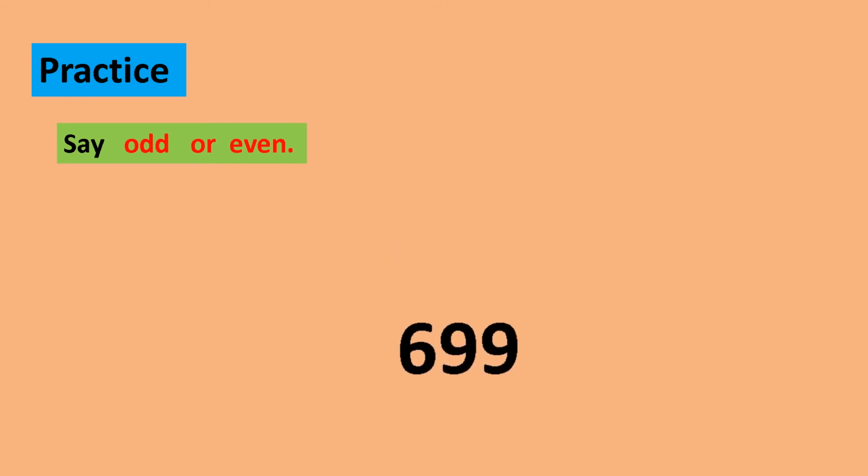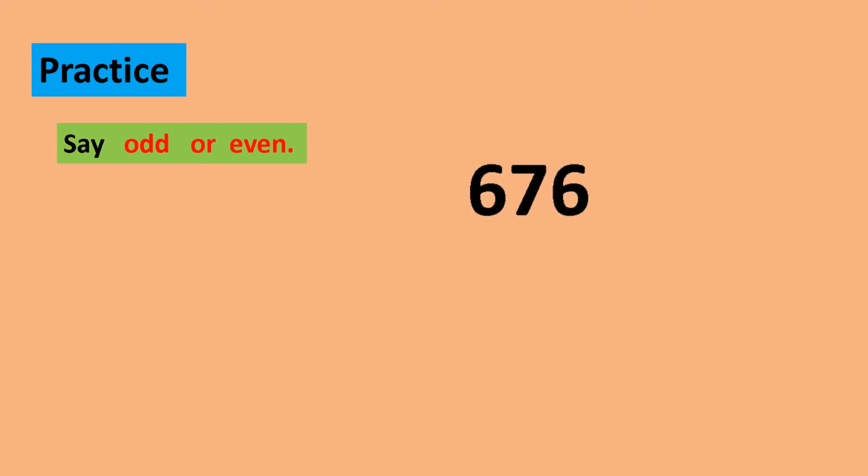And this one is also odd because the digit in the ones place is 9. And this one is even number because the last digit is 4. How about this one? It is also an even number because the digit in the ones place is 6.